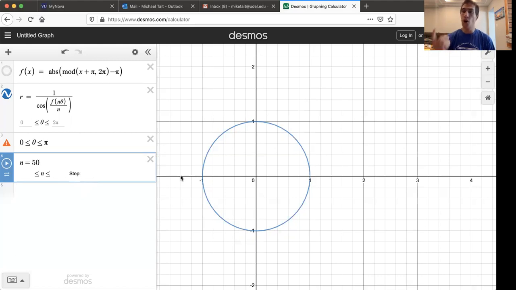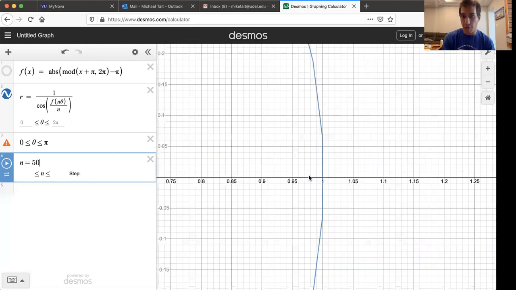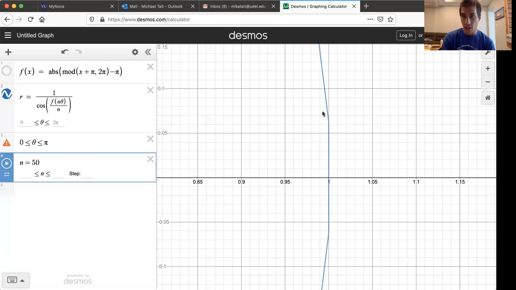One note here that I want to make is that even though it is correct to say that we're approaching a circle, if we do any particular n, even if it's very large, like n is 50, it looks a lot like a circle. But for any fixed n, the object that we have is not actually a circle. Maybe it's getting very close, but it's not actually a circle. This is a 50-sided figure, and if I zoom in far enough, we can see there's a corner right here.